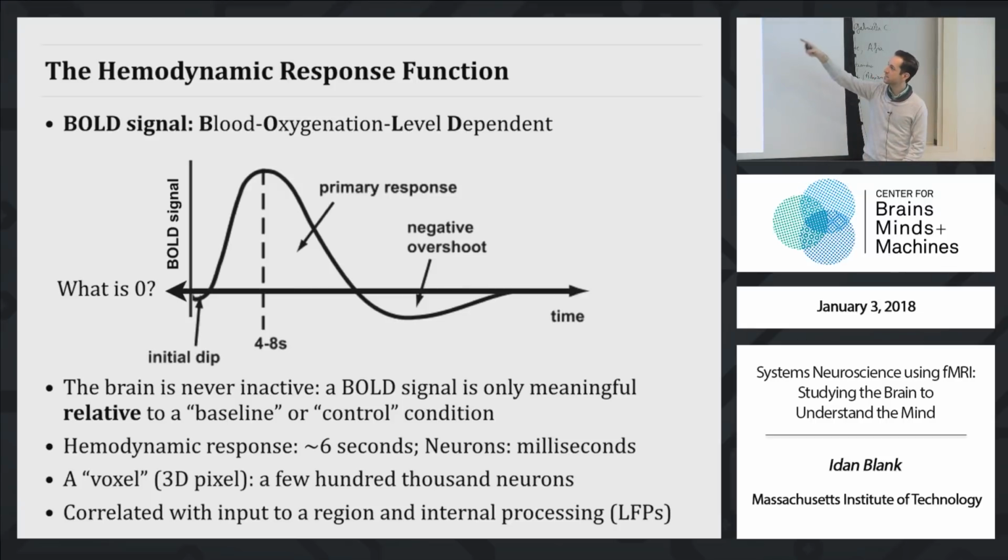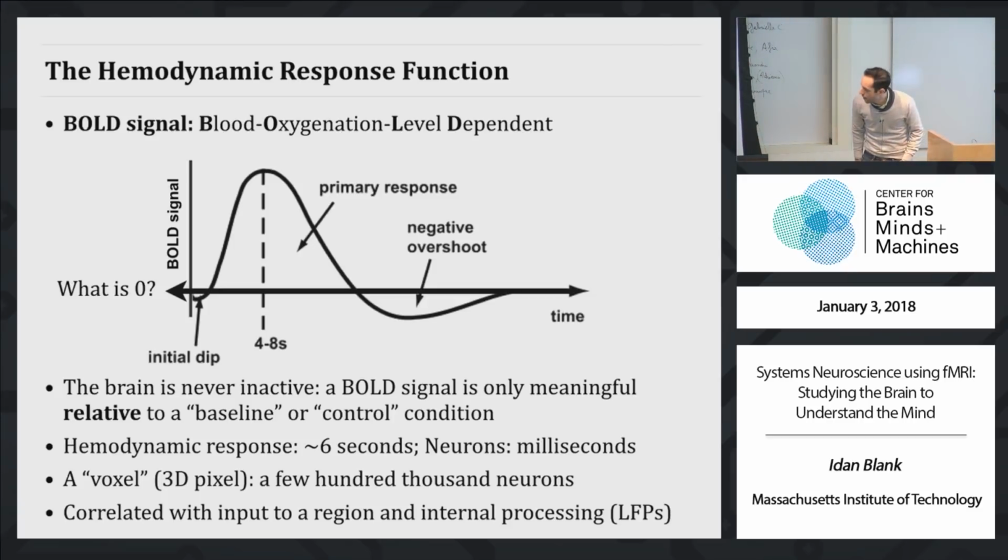And that's because this signal correlates with what's called local field potentials. I think you're going to talk about them at some point this week. And local field potentials are a measure of input to a region and the internal processing.